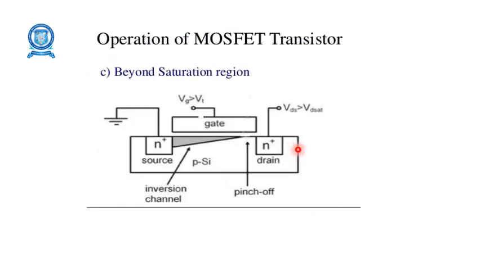Next, saturation region. The channel is produced, then the channel starts to disappear. In this case, the gate voltage is greater than the threshold voltage, and the drain to source voltage is also greater than the drain saturation voltage level.